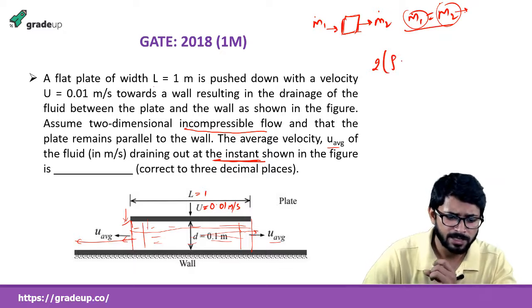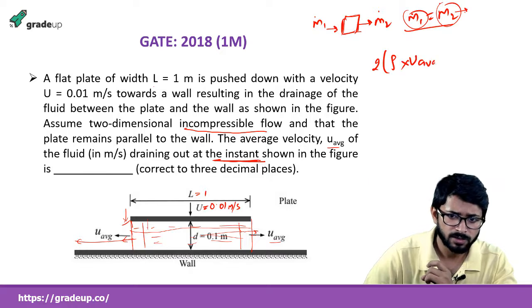We can write mass as density times u average times the area.